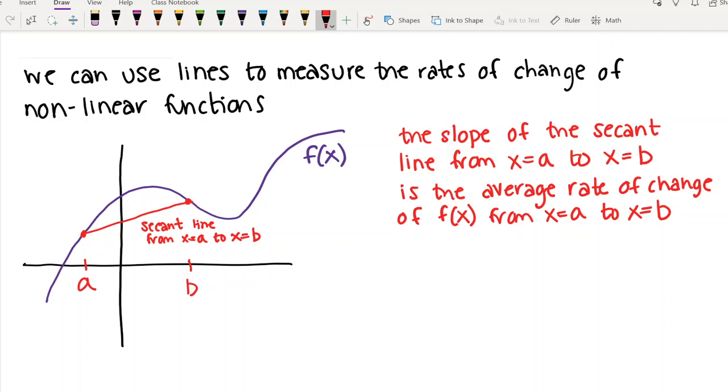Those are going to be the y coordinates of these two points. So the slope is going to be f of b minus f of a over b minus a. That's going to tell you the slope of the secant line, which is the same thing as the average rate of change.